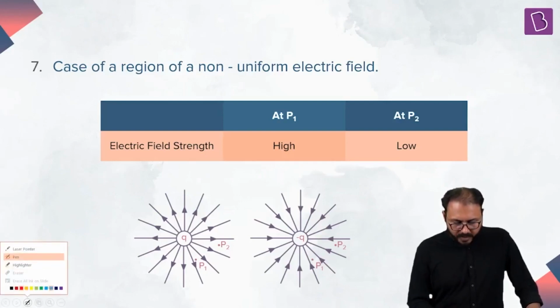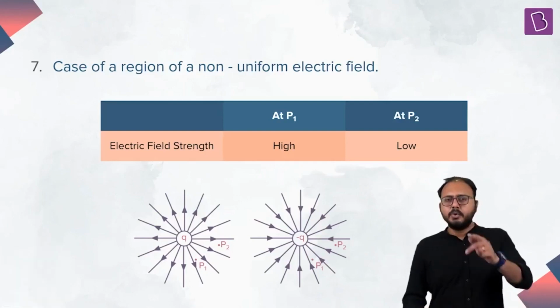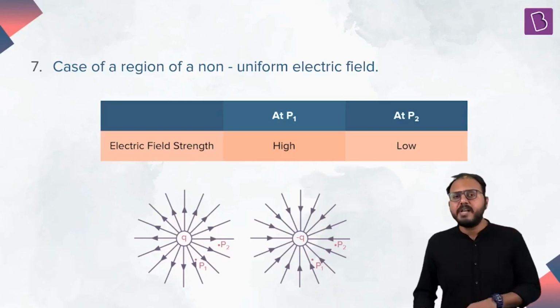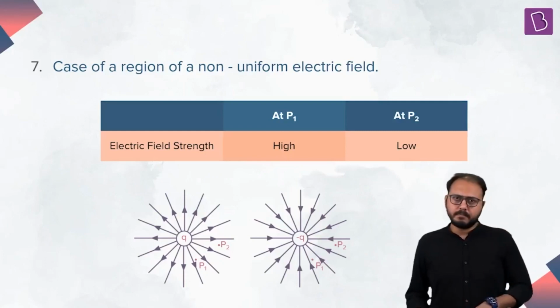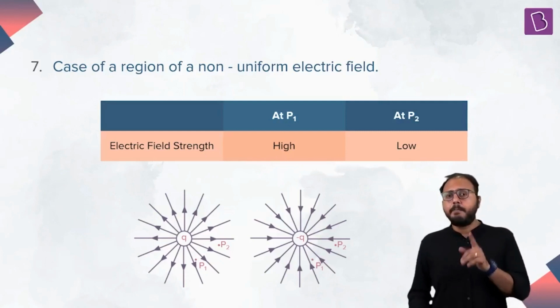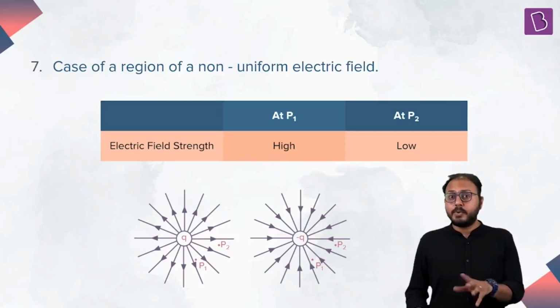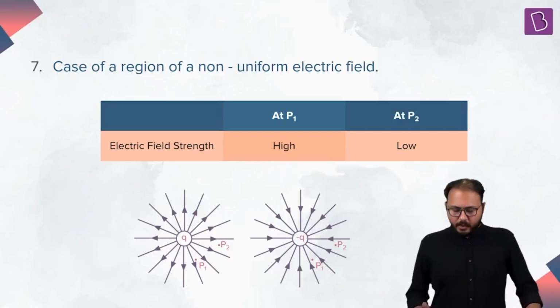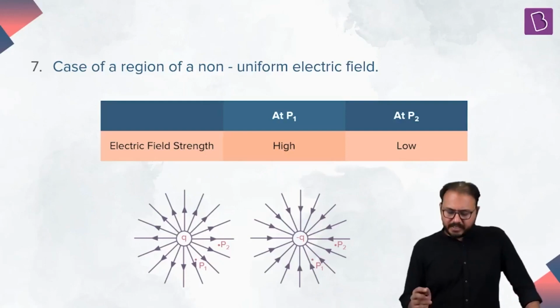Okay. What I'm trying to say here is that using an electric field line diagram, can I find out the value of electric field? No, I cannot. But can I compare the values of electric field, as in which is higher, which is lower? Yes, I can. How? Look at these 2 points in either of the diagrams, P1 and P2, right?